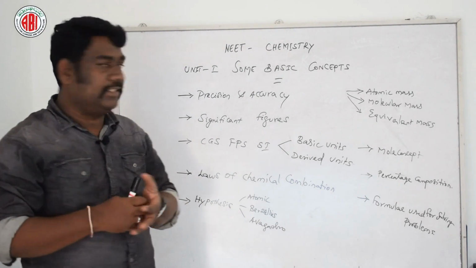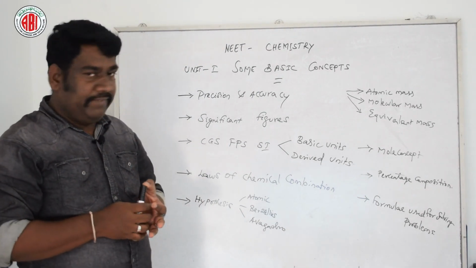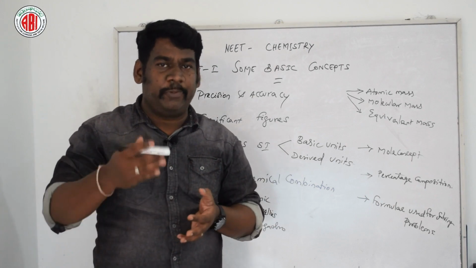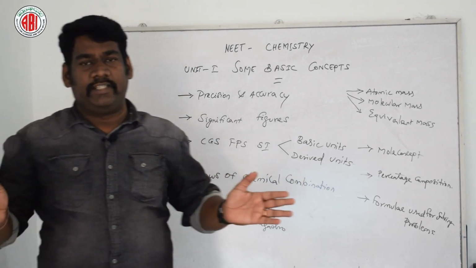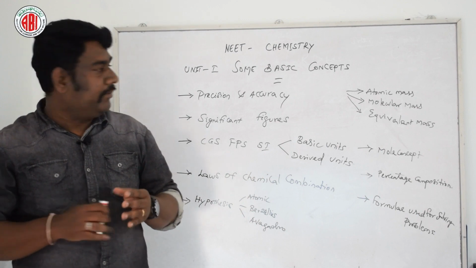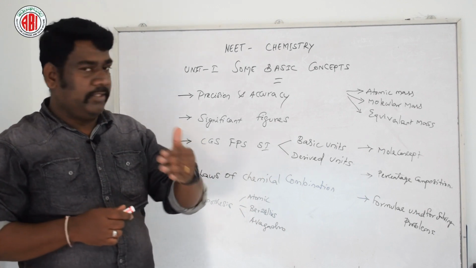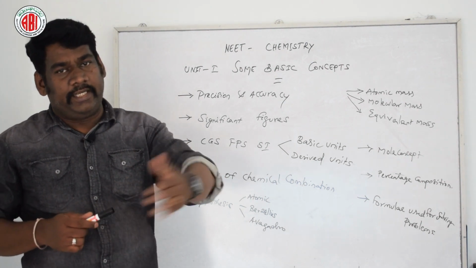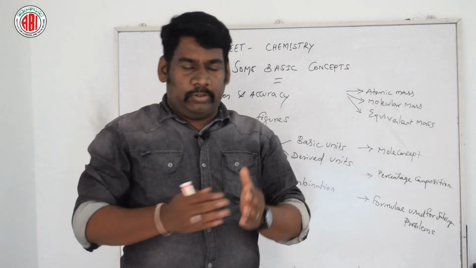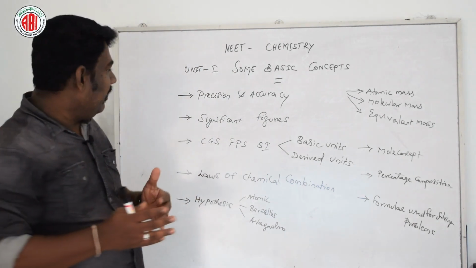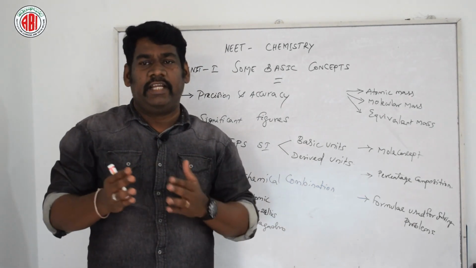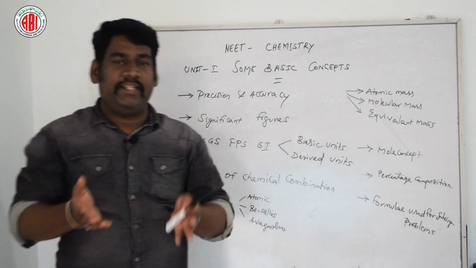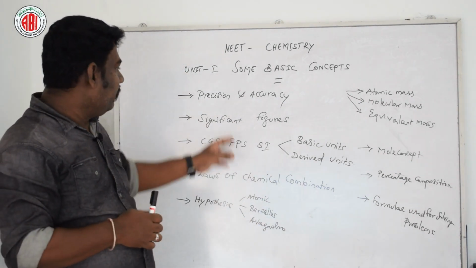Or when doing volumetric analysis, the burette readings of different units range between 22.1, 22.2, 22.3 till 22.9. These are all a set of values close to the identical measurement we have already fixed. So that is about precision.